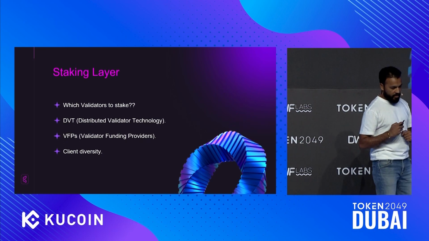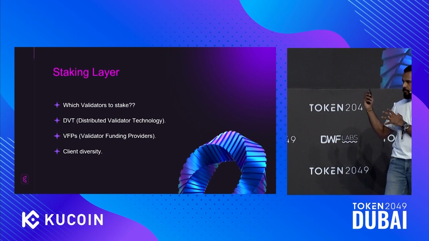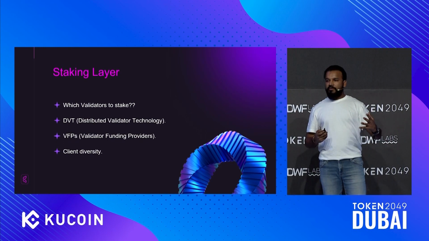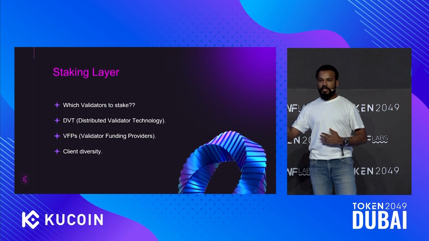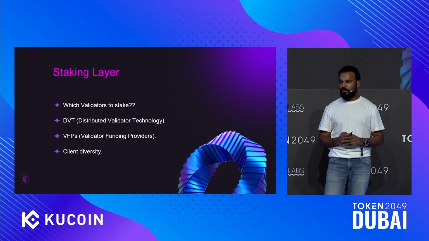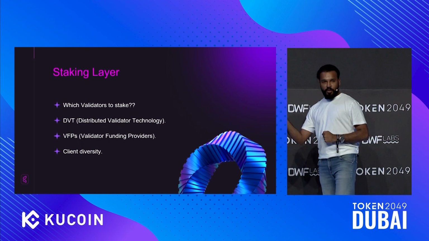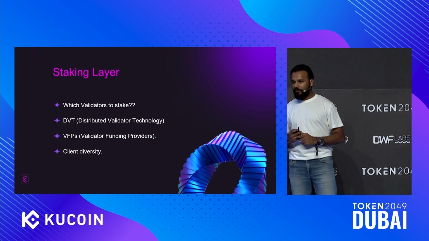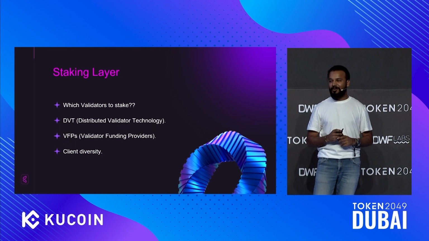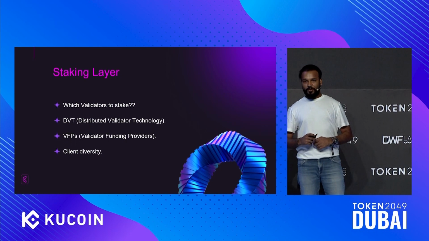Then VFP, which is Validator Funding Provider. This is a concept that has been developed by ClayStack. When you ask any validator or a home staker to come and bond with you, you need a collateral. So let's say 4 ETH. For most of the crypto bros here, maybe 4 ETH is nothing. But for any home staker, that's almost $12,000. It's a lot of money, so they will not do it.